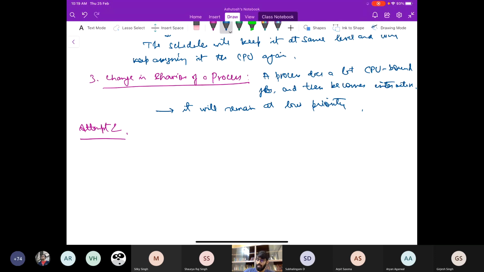Now another attempt is called priority boost. Okay. So the idea is to boost the priority of all jobs periodically.